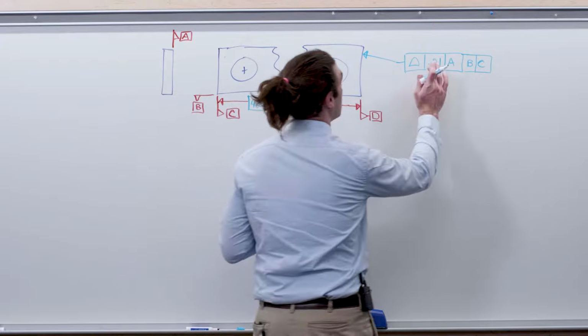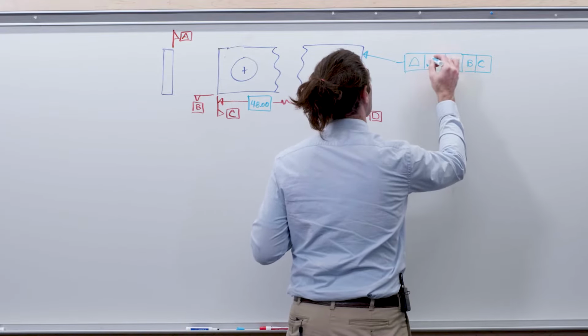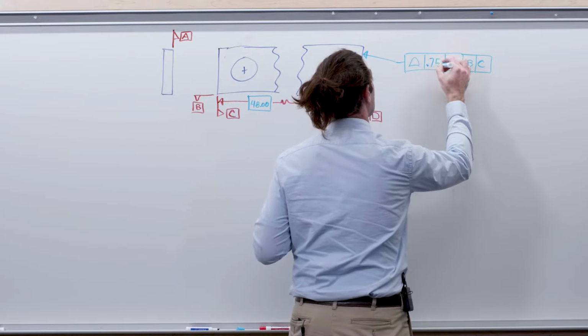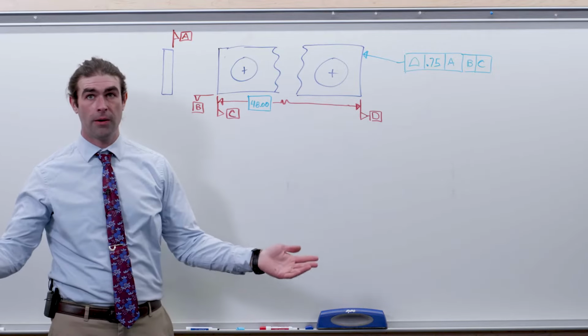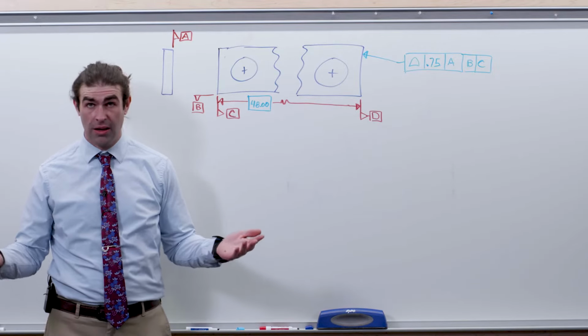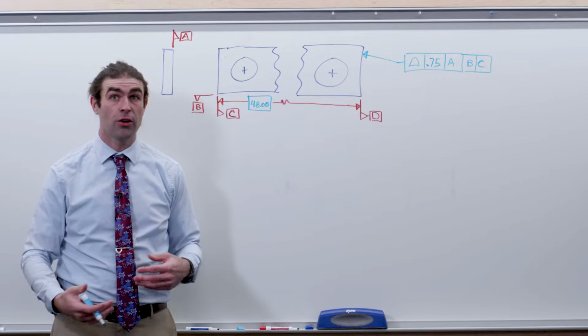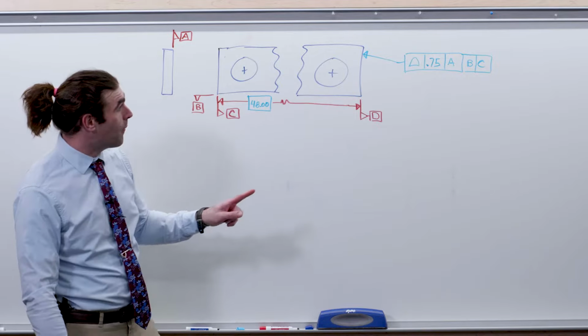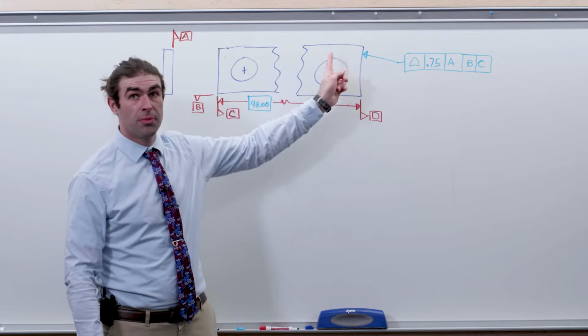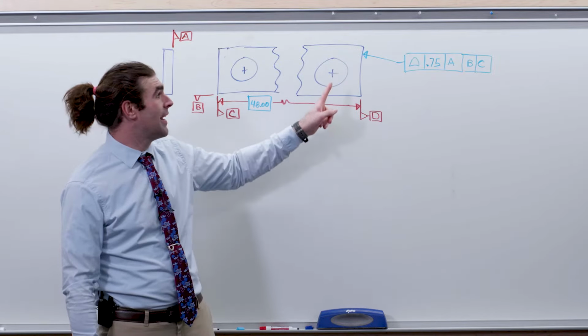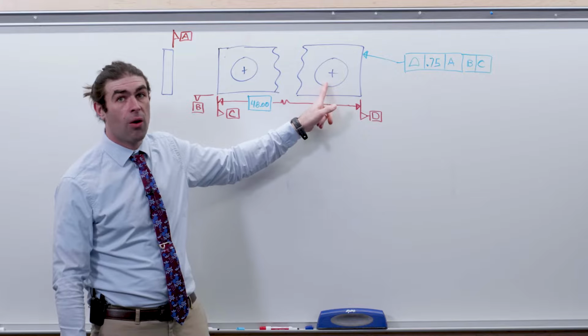So why don't we try this? We'll just make it bigger, right? We'll make it a quarter or 3/4 of an inch. That would certainly be easier to measure, but now this surface could be so rough we might not get a good measurement to this hole, right?